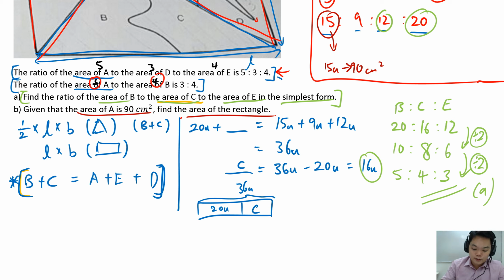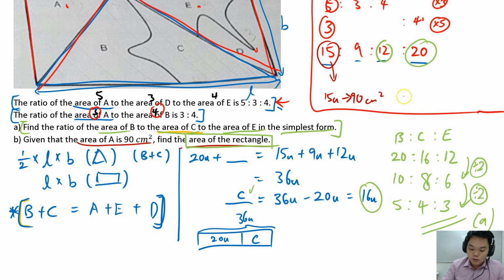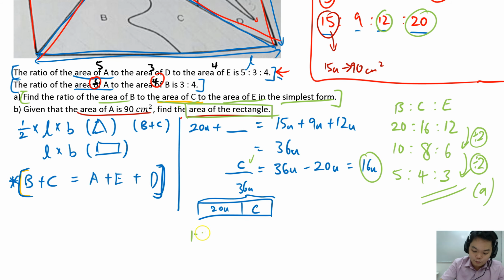So the area of the rectangle is comprised of A plus B plus C plus D plus E. If we know that 15 units is 90, 1 unit should be 90 divided by 15 to give you 6.